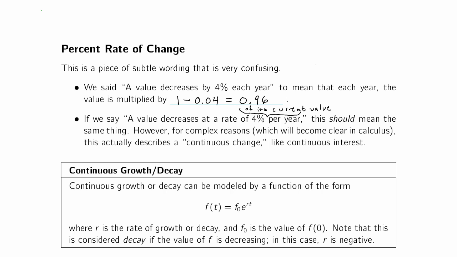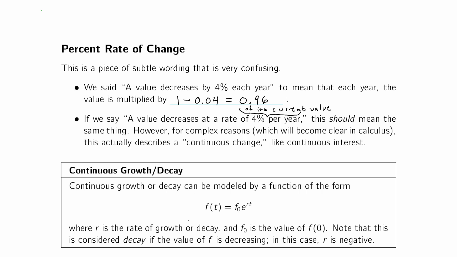We use this phrasing to describe what we call continuous change, which is a concept analogous to continuous interest compounding. So, when we have continuous exponential growth or decay, also a misnomer because it's always continuous, but this is the terminology we use.